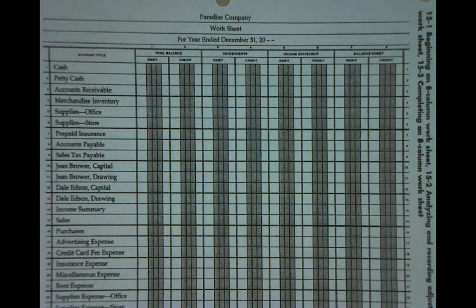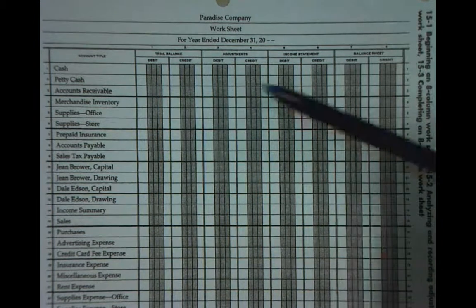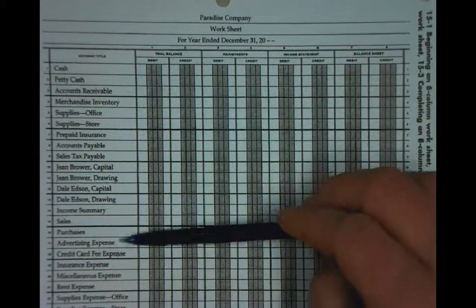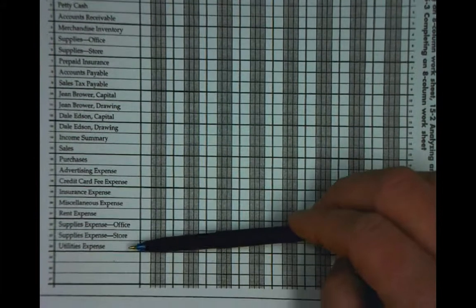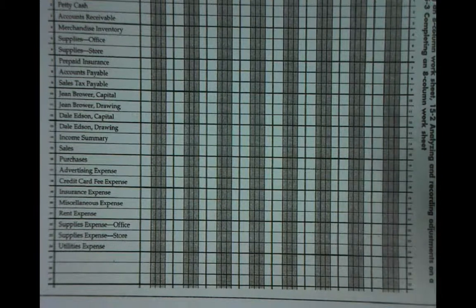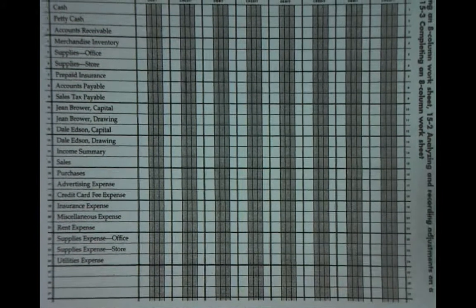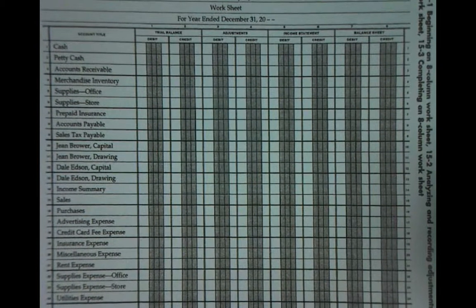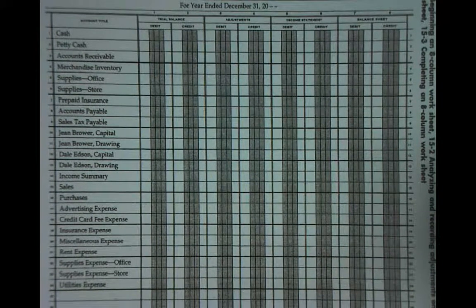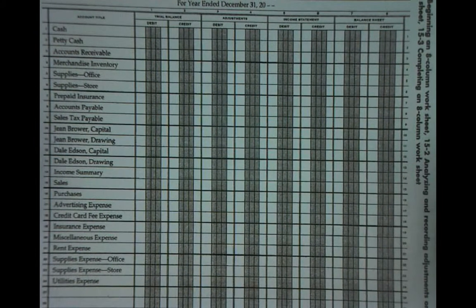worksheet. The first thing we have to do with our worksheet is list all of our accounts that are in our general ledger, and they're all listed here on the paper as we go all the way down, even accounts that don't have balances. Then we put in the balances for those accounts as they are right now.